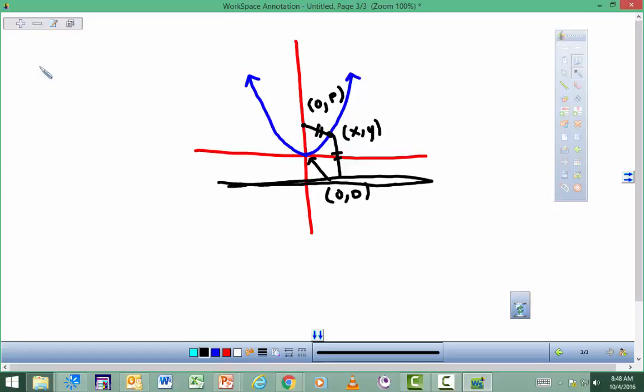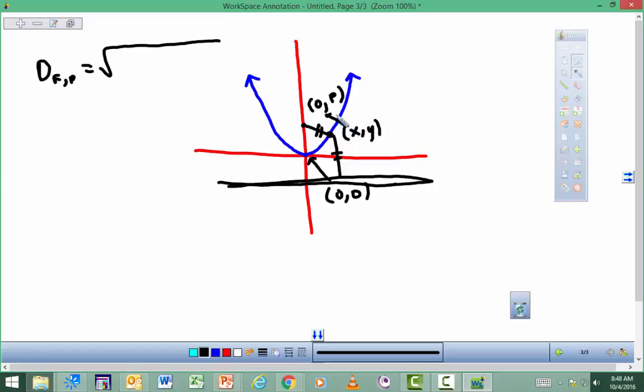So the distance from the focus to the parabola point, we'll call this point P, is equal to the square root. Remember what you have to do? You have to subtract the x coordinates.